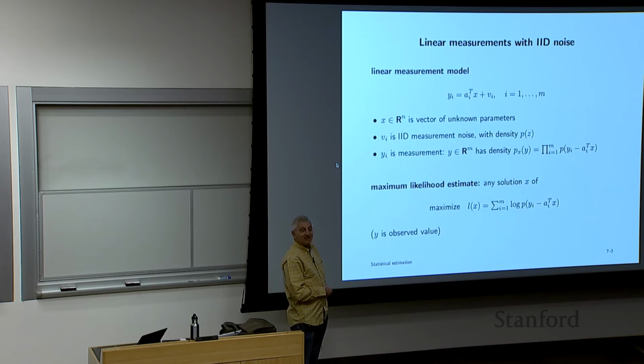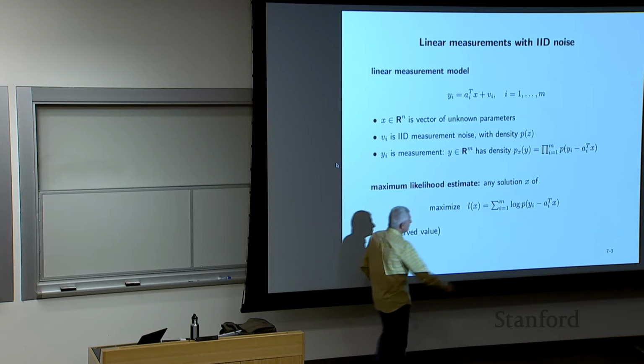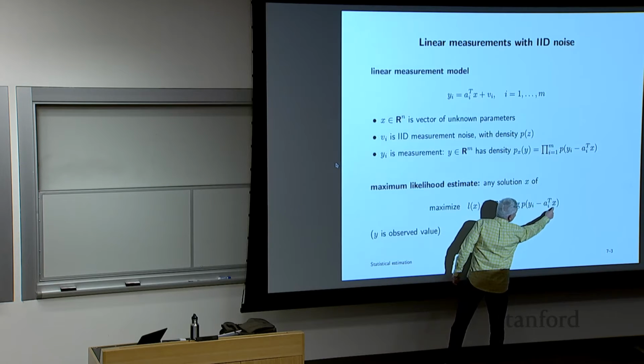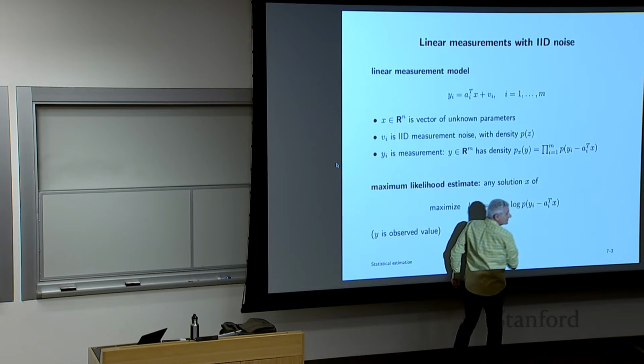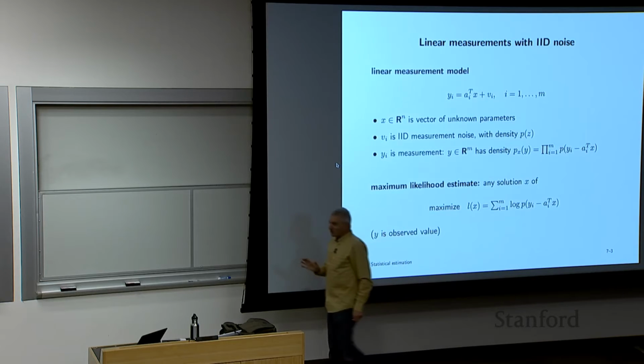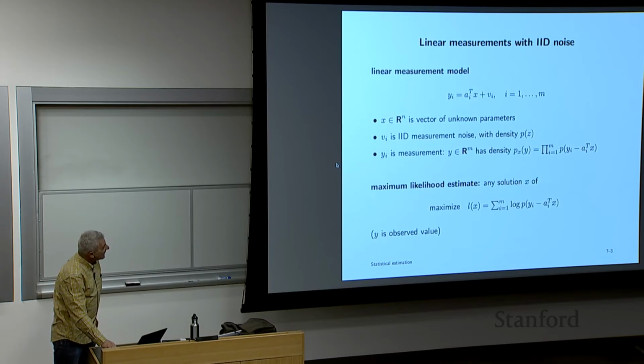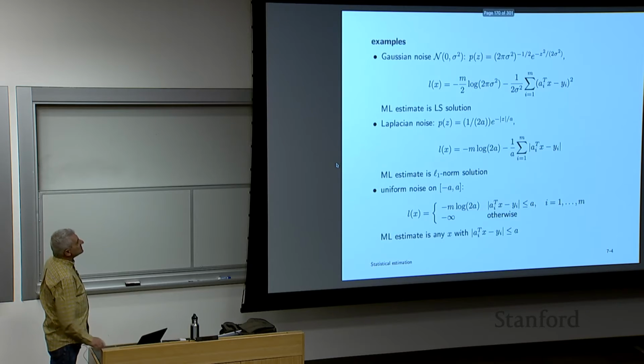If p is a log-concave density, then log p is concave, and this is precomposition with an affine function, so these are concave functions of x. I don't know if that makes sense. So that's the picture. Let's look at some specific examples.